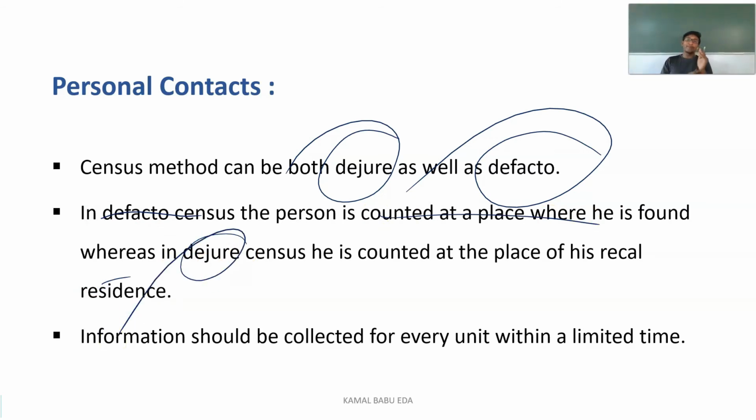People who go for migration or work migrate from one place to another in several ways. In the de facto census, the person counting will count him wherever he is found, but in the de jure, he is counted only where he is residing.